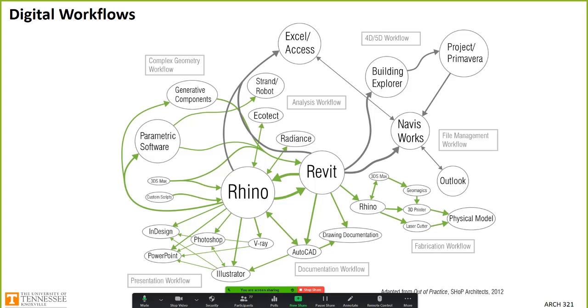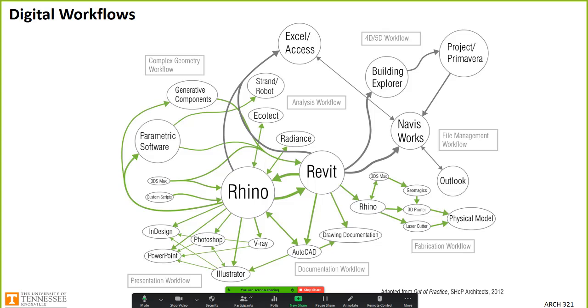Then you have the 4D, 5D workflow or file management. That's really construction administration, making sure the project is organized, cost analysis for things, and organizing the construction in different ways.